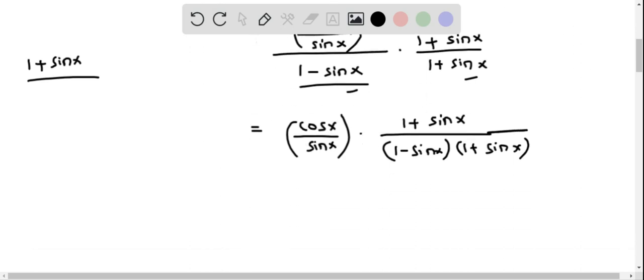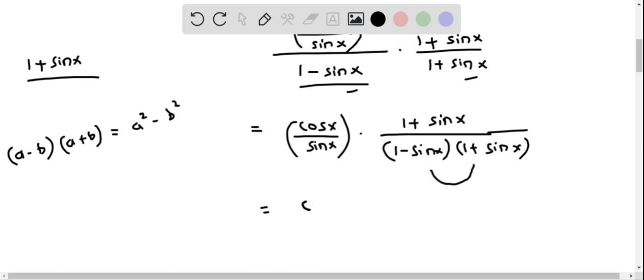Let's simplify this. Here I'm going to use the difference of squares formula, that is a minus b times a plus b equals a squared minus b squared. Here a is 1 and b is sine x.